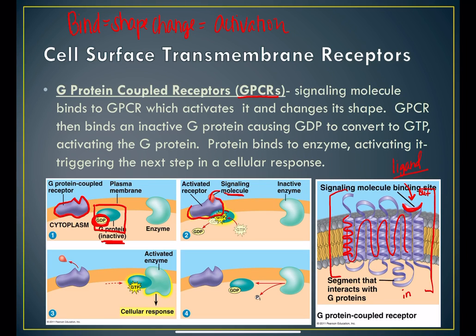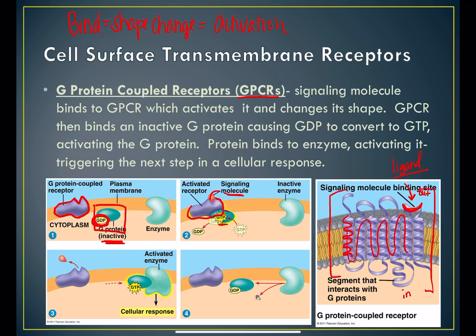So when it binds, it causes GDP to convert to GTP, and that's going to activate that protein. Now let's pause and talk about this GDP and GTP. You've heard of ADP and ATP, adenosine triphosphate and adenosine diphosphate.